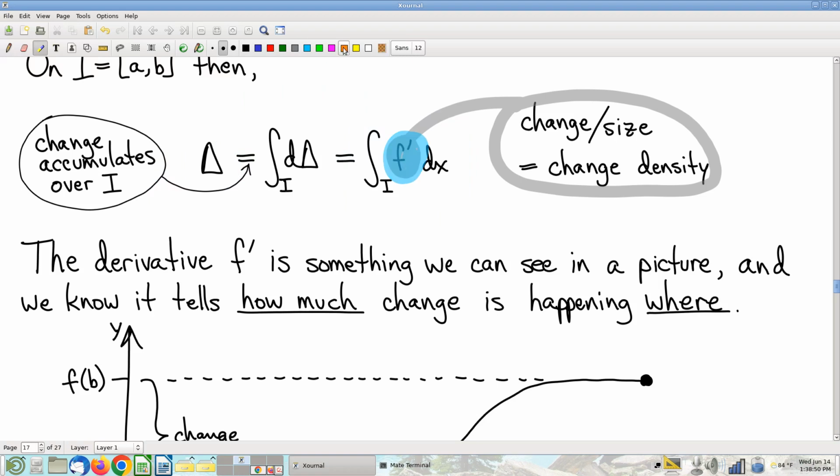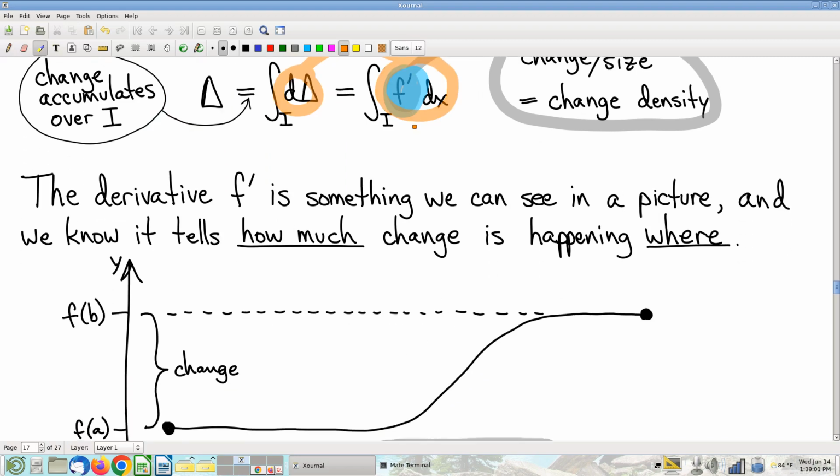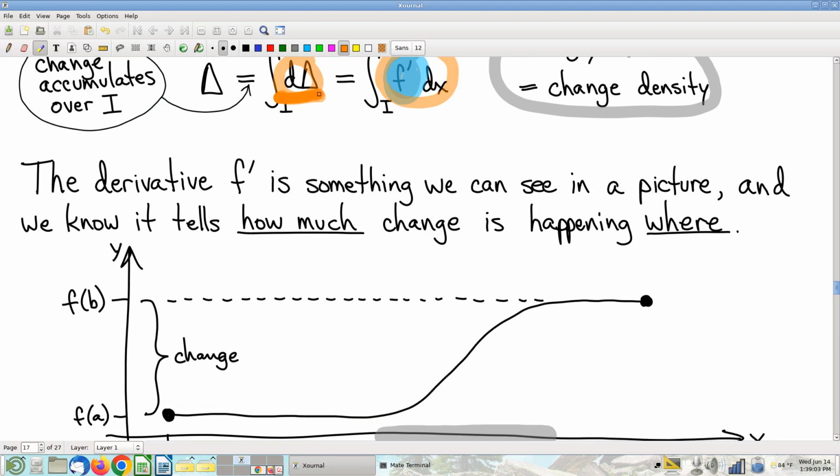And notice the role that it plays. Again, I have an accumulating quantity of change, and I'm looking at a piece of change and relating how much the function changes to how much of an input change in x caused that output change.